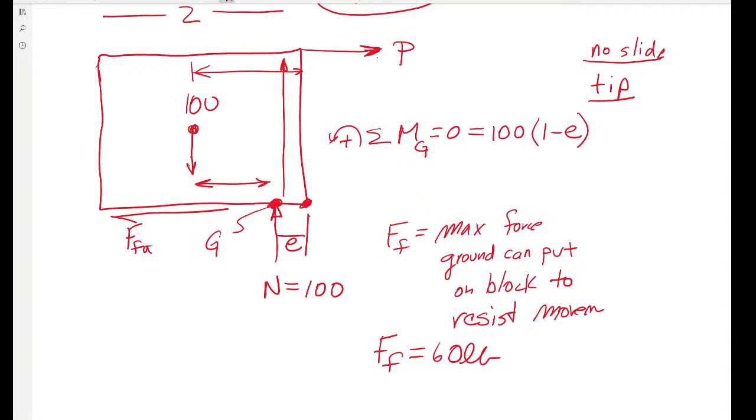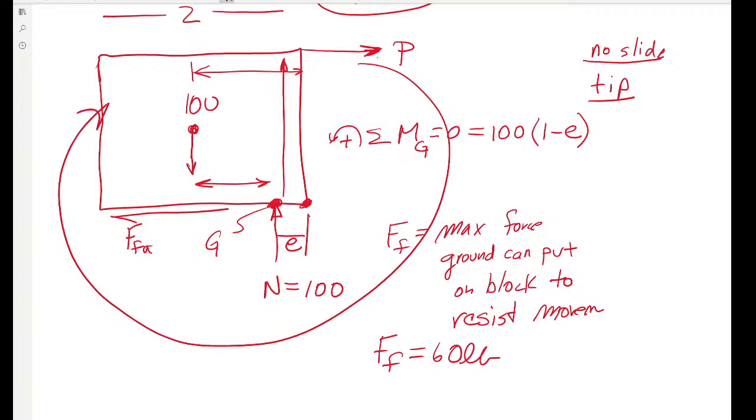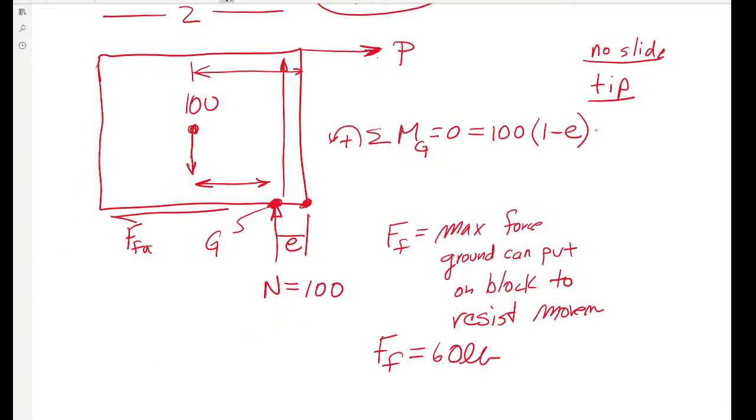And then I've got P, which is producing a moment this way about G. P times, in this case, 2. So let me rearrange this. This has to all be 0. So let me rearrange this as best as I can. 100 minus 100 e minus 2P. This has to be 0.